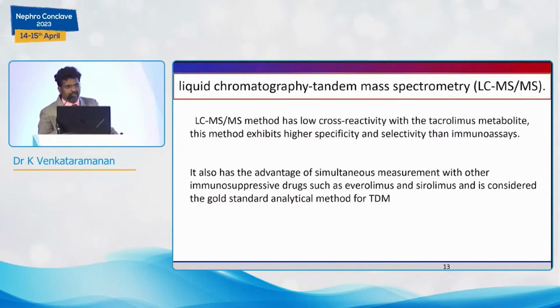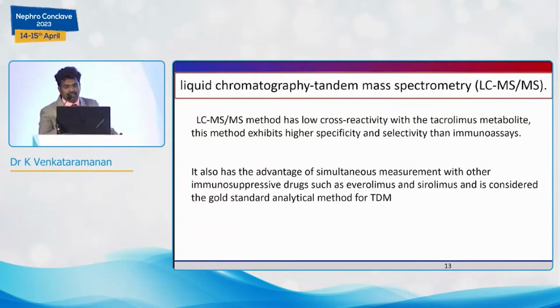Now, most of the centers like Metropolis and SRL are doing chemiluminescent microparticle immunoassay. Another advantage of both LCMS and CMIA methods is that you can simultaneously measure other immunosuppressants, like everolimus. And it is a gold standard analytic method for therapeutic drug monitoring.